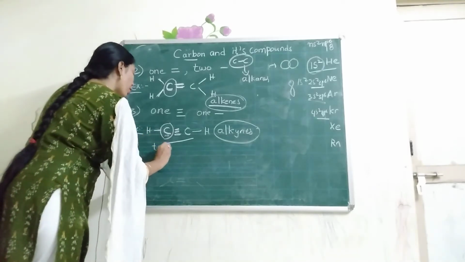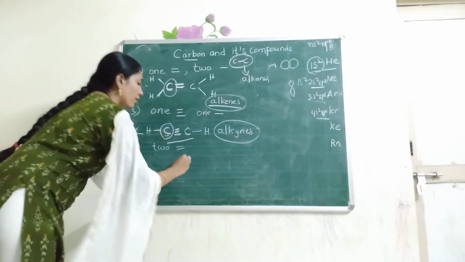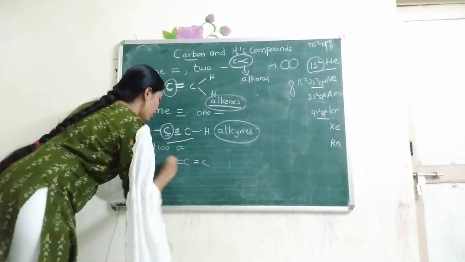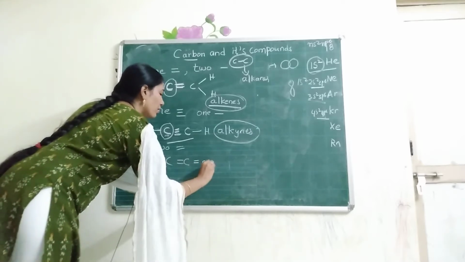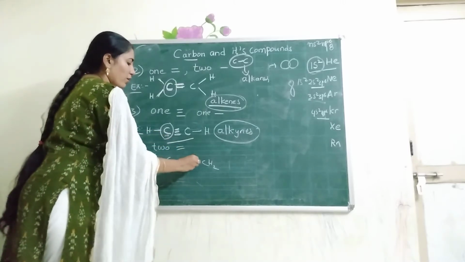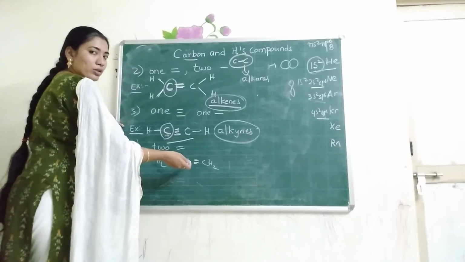The carbon can form 2 double bonds. See here, here is 1 carbon. Consider this carbon. How many bonds are around this carbon? 1, 2, 3, 4. So these 2 are double bonds, isn't it?